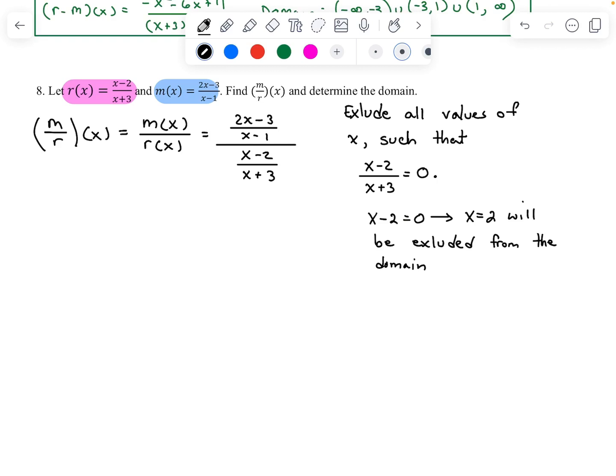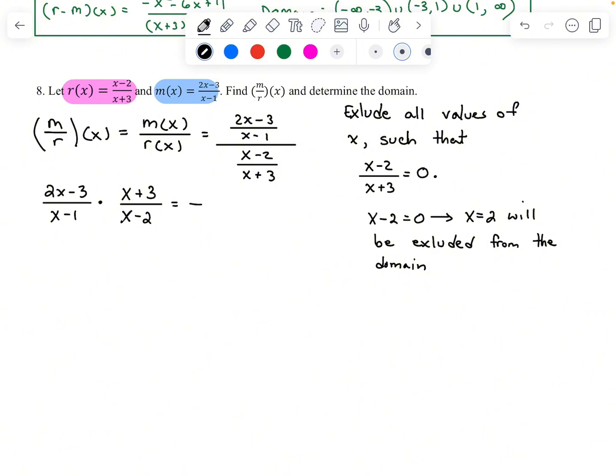Okay, so now let's go ahead and simplify the rational expression. Recall that when you divide by a fraction, that is the same as multiplying by the reciprocal. So 2x minus 3 divided by x minus 1, we're going to multiply by the reciprocal of the denominator, which would be x plus 3 divided by x minus 2.